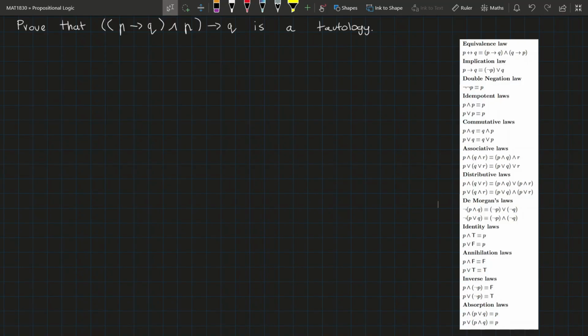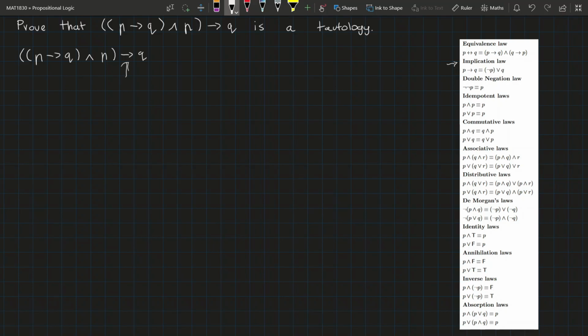So in this question we have to prove that this statement is a tautology. So we have to basically prove that this is true using the logic laws. So let's start. If we look at the logic laws, we see the implication law here, and we see that there is an implies on the outside here.